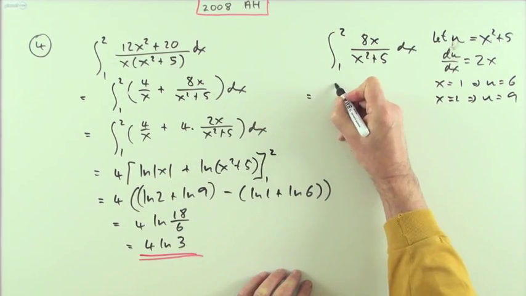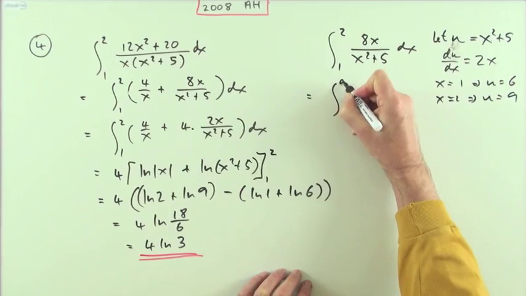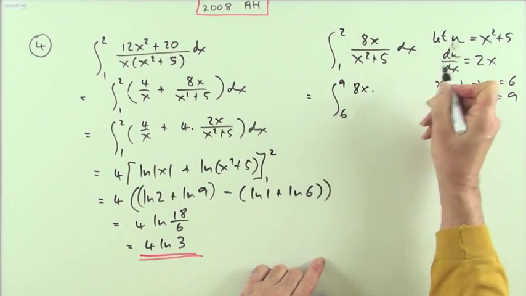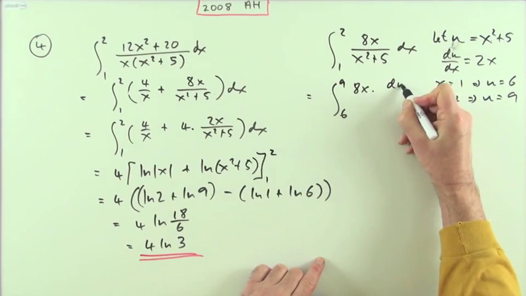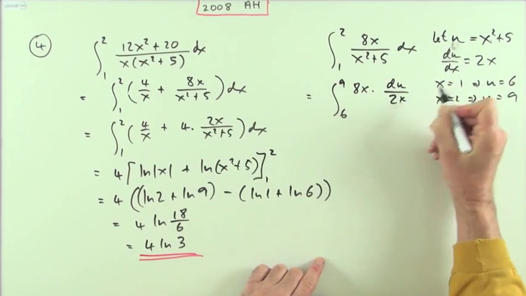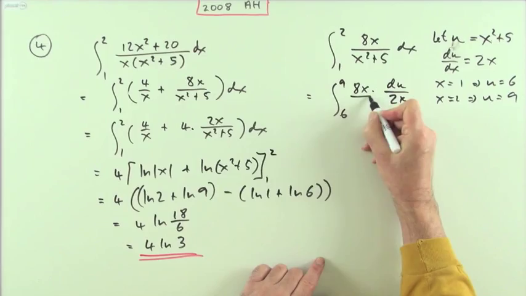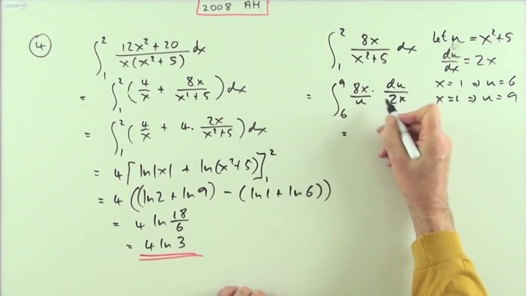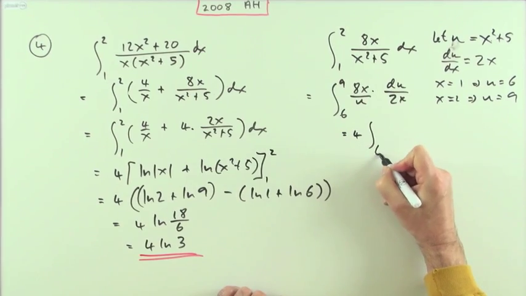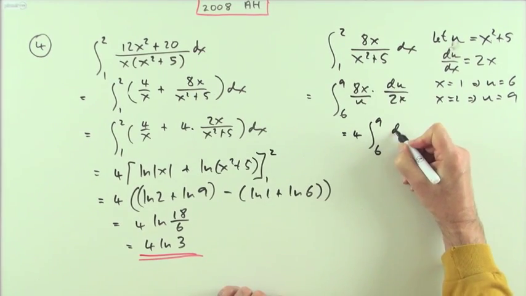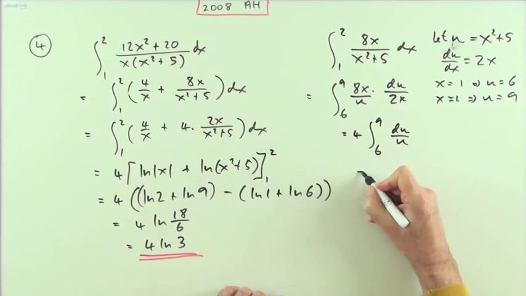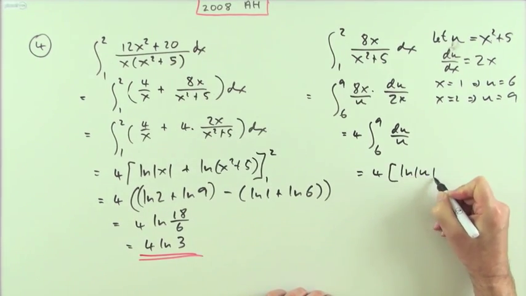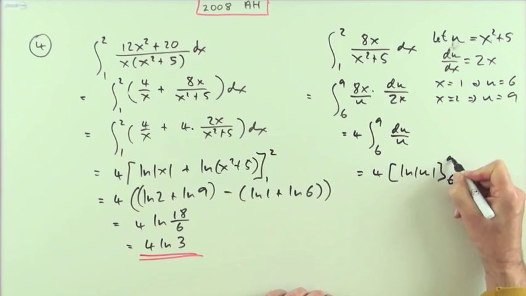So this would then change into the integral from 6 to 9 of, and I'll leave the 8x alone, but dx is going to become du over 2x, over just u, which is then, x cancels out, and that leaves 4, so it's 4 times the integral from 6 to 9 of du over u, which of course is 4 times ln u evaluated from 6 to 9.